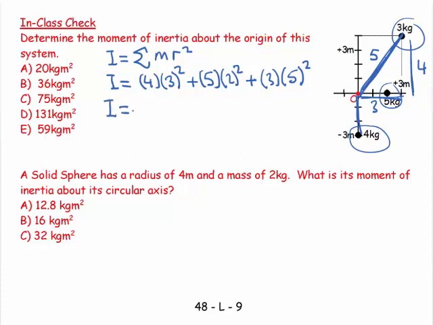So we have I is equal to 4 nines plus 5 times 4 plus 3 times 25.